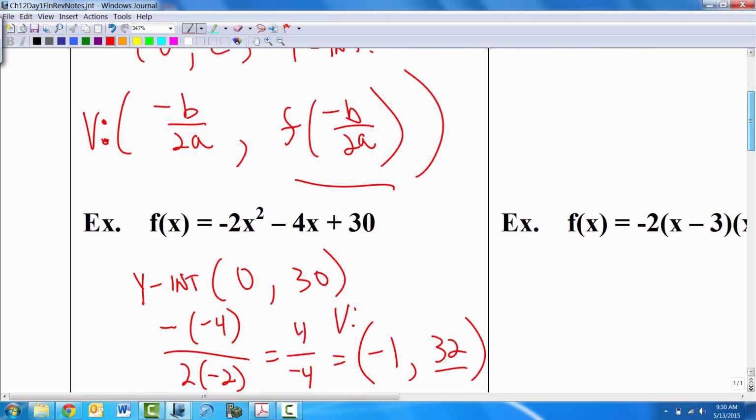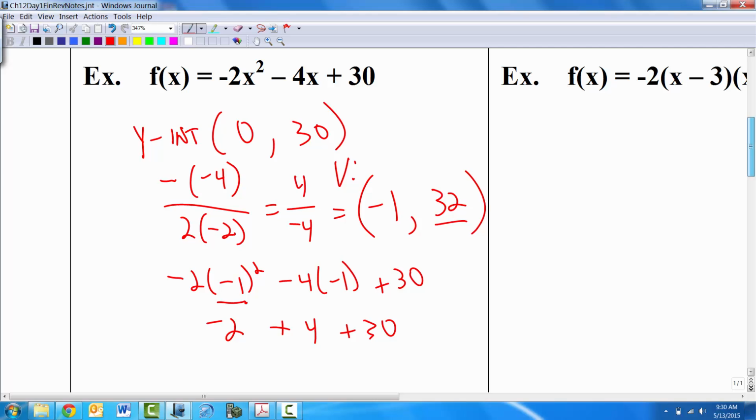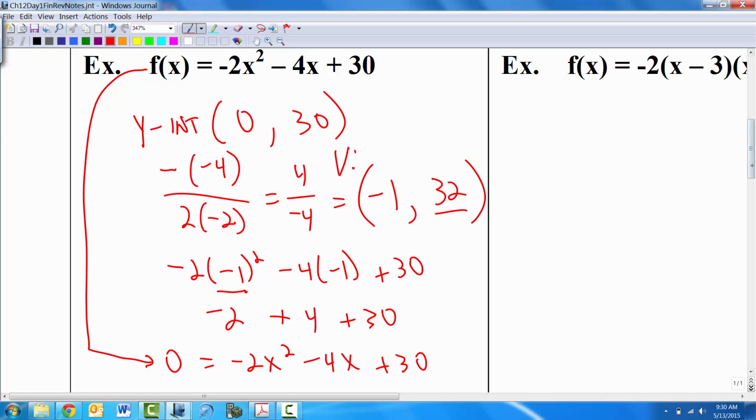In relation to chapter 14 and 15, which is the quadratic formula that I did mention before, I did want to do this. If I plugged in 0 for y and then solved for x, that would give me the x-intercepts.